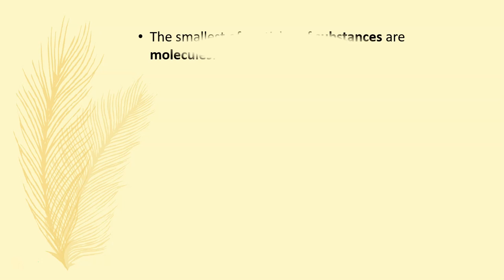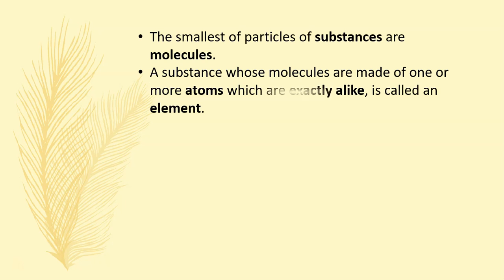Let's go further and see what elements are. The smallest particles of substances are molecules. Just now I showed the picture of molecules to you. A substance whose molecules are made of one or more atoms which are exactly alike is called an element.